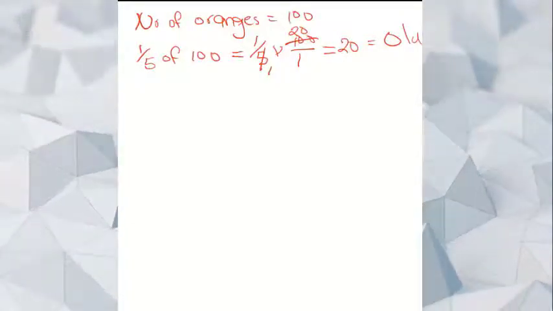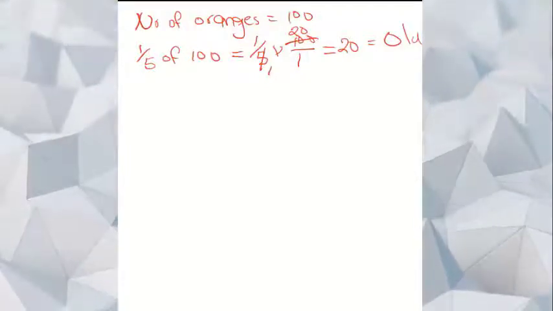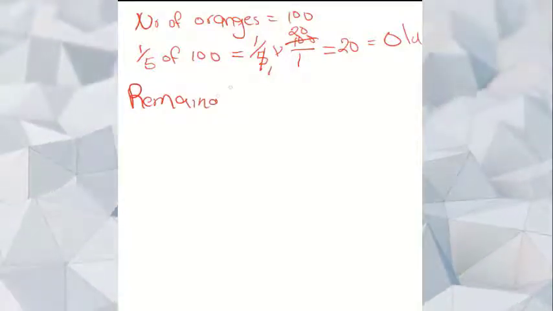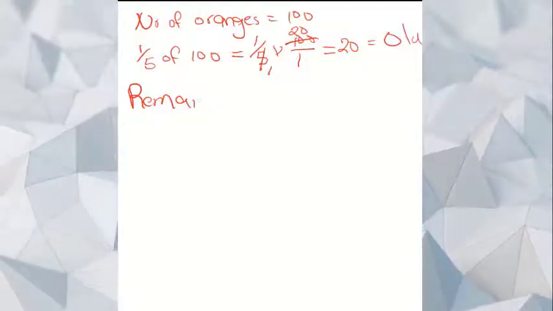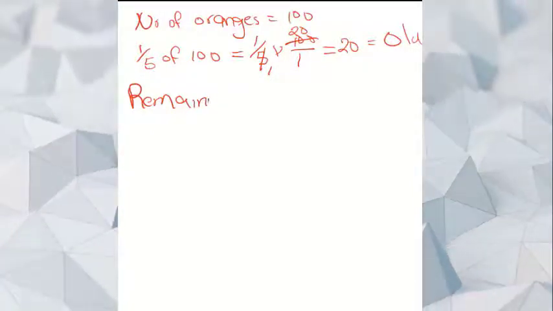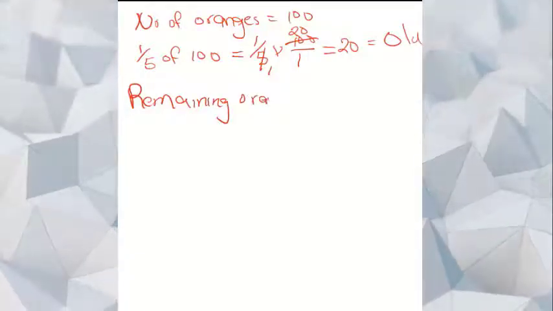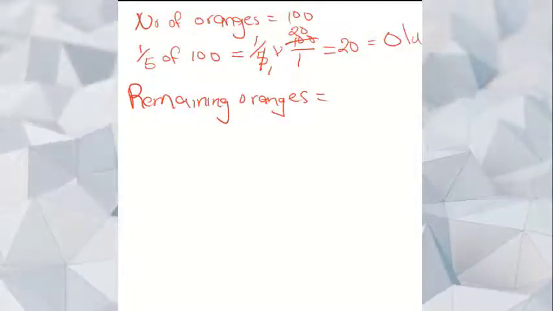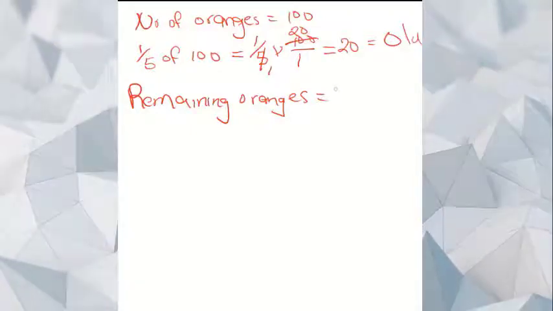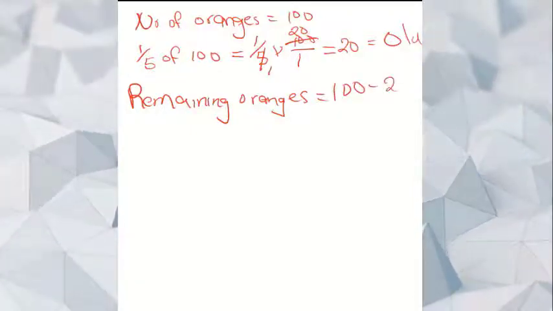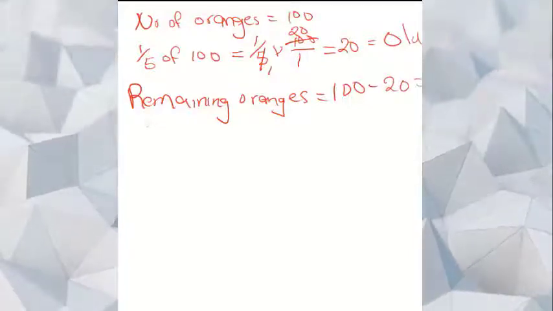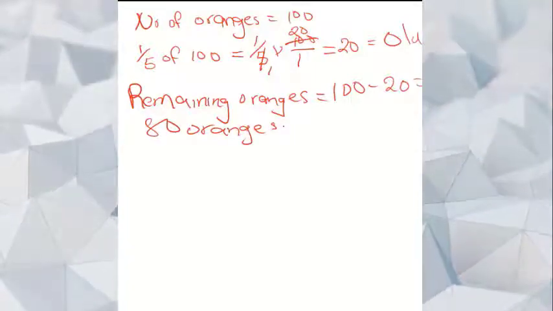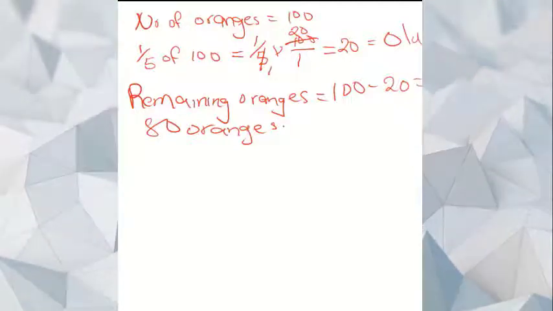For you to know what was given to Ade, the remaining oranges is equal to the total of 100 minus the 20 given to Olu, which is 80 oranges. So 80 oranges is the remaining.